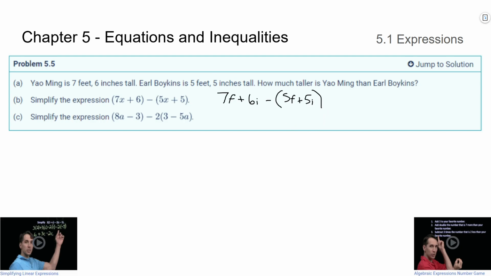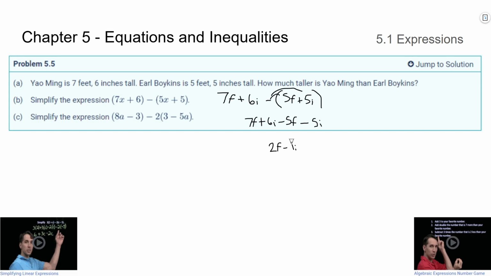So we can start off by distributing this negative sign. So now we have 7f plus 6i minus 5f minus 5i. Okay, 7f minus 5f would be 2f. 6i minus 5i would be 1i.